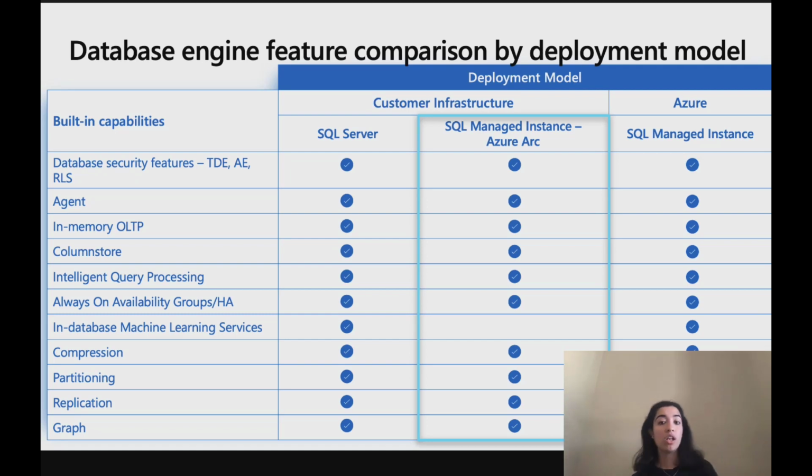The middle column represents Azure Arc-enabled SQL Managed Instance, and this is a blend of the two, as you can see. Across the board, regardless of which of the three you're in, you're getting the same feature metrics, and they're really on par for the built-in capabilities among all three of these.